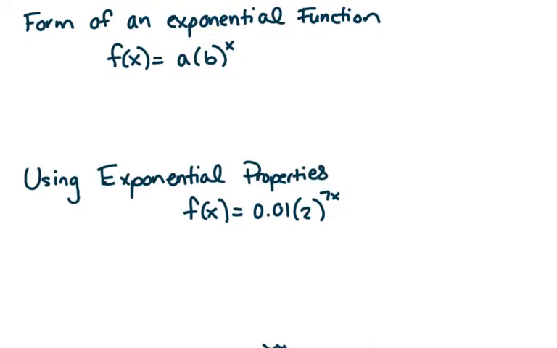Okay, so the form of an exponential function looks like this. f of x equals a times b to the x. And just a couple things about this function. a is your y-intercept.